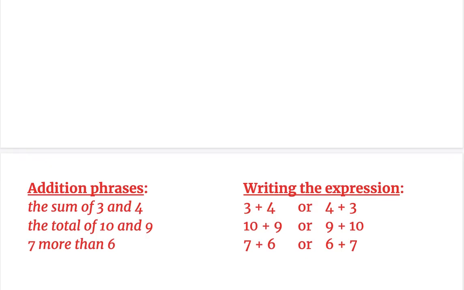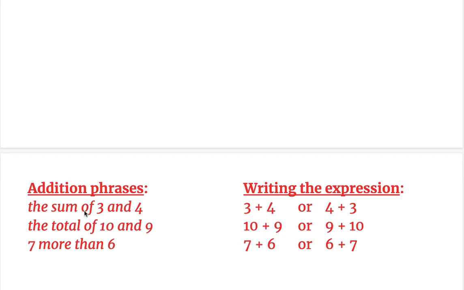So for addition phrases, the most common ones are using the words sum, total, and more than. So here are some examples. If a sentence says the sum of 3 and 4, you could write it down mathematically as 3 plus 4 or 4 plus 3, because with addition, the order doesn't really matter. 3 plus 4 and 4 plus 3 will still get you the same answer.